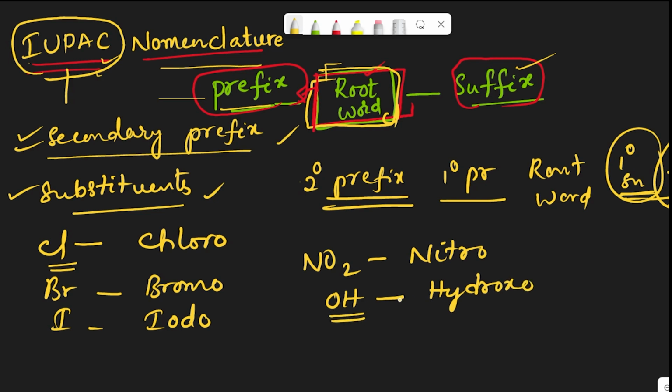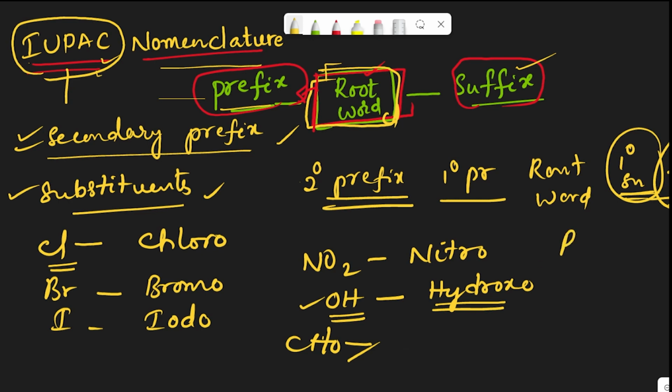See here, the OH may be given as a prefix as well as a suffix. If it is given as a substituent, then you call it hydroxy, because it is treated as a prefix here. If it is given as the functional group, then you write it as ol. If CHO is given, then you name it as carbaldehyde.